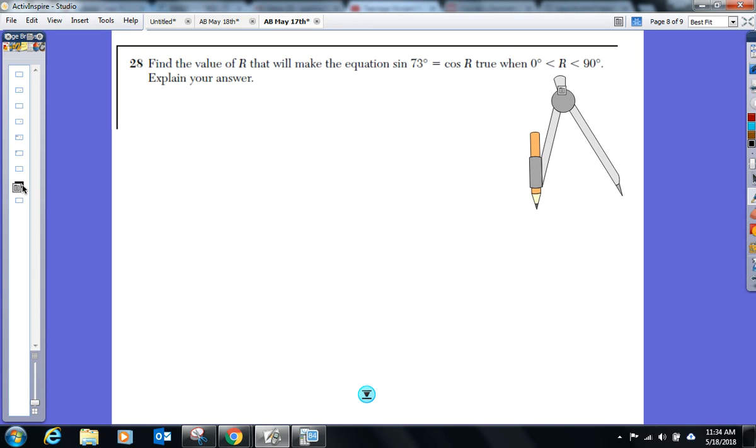When were these two equal to each other? And remember, hey, it's giving you a little hint here. R's got to be between 0 and 90. Can't be any bigger than 90.